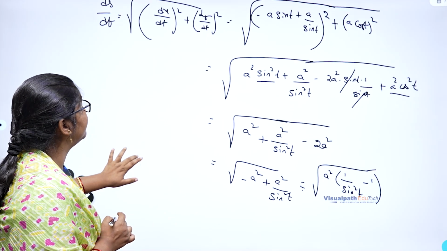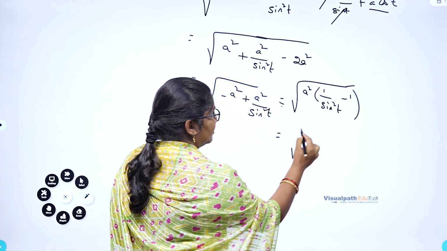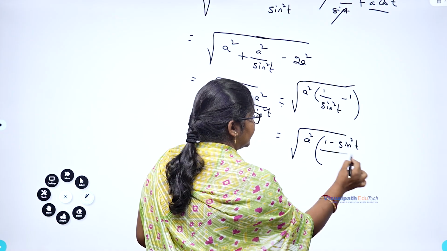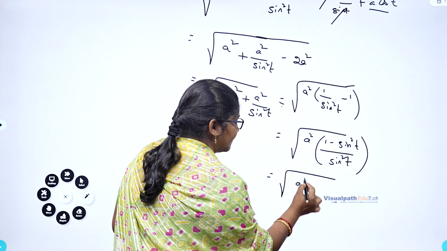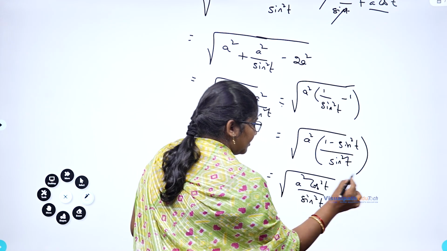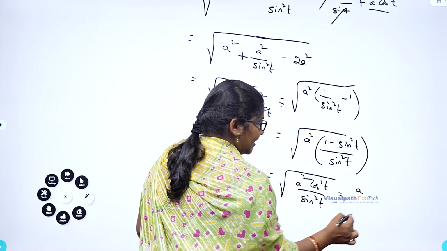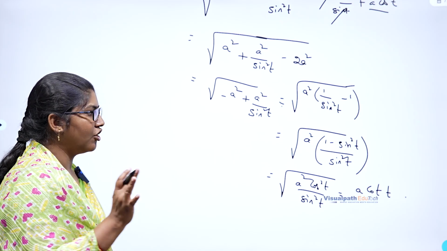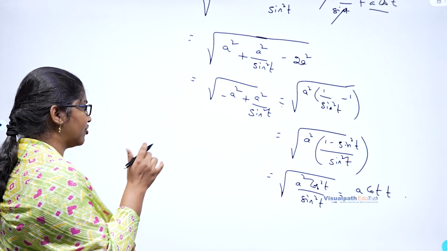See how lengthy the simplification is. We need to do a² (1 minus sin² t) by sin² t, means a² cos² t by sin² t. Square and under the root will be getting cancelled. We are remained with a cot t. Only a cot t will be remained here. Means ds/dt is equal to a cot t.